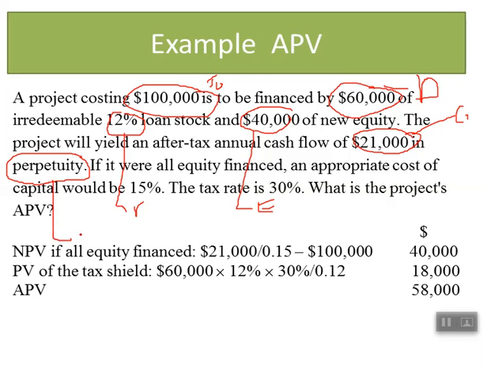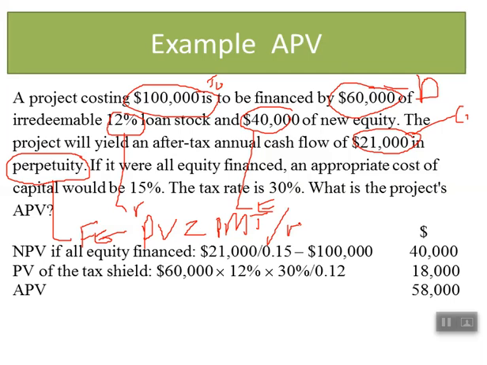It means forever. And we said to get the present value of a perpetuity, you get your constant, say as the PMT, divided by R.